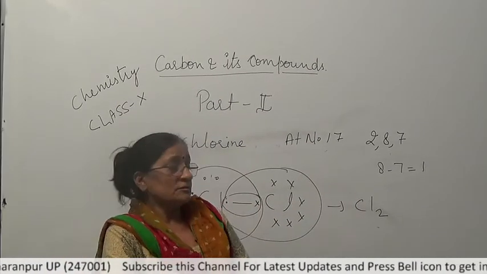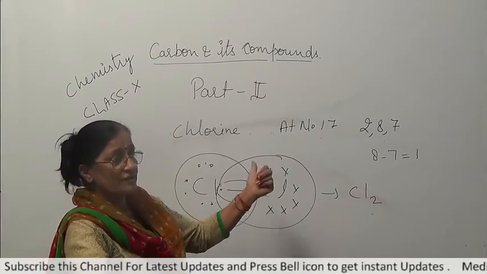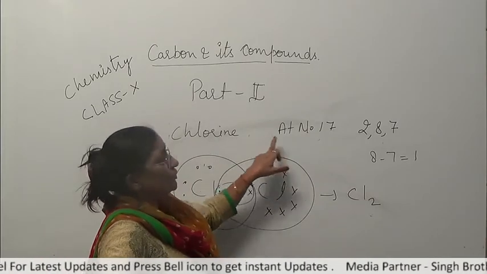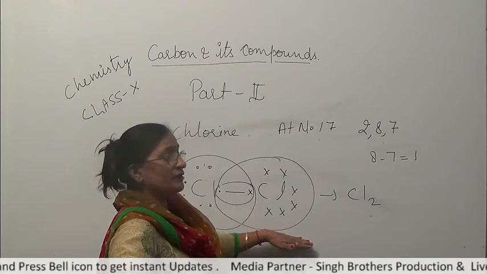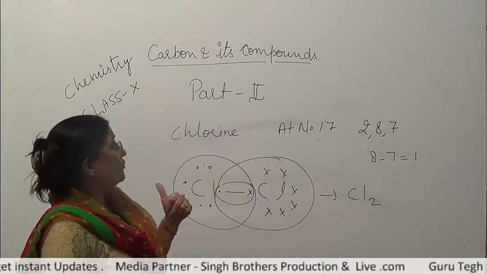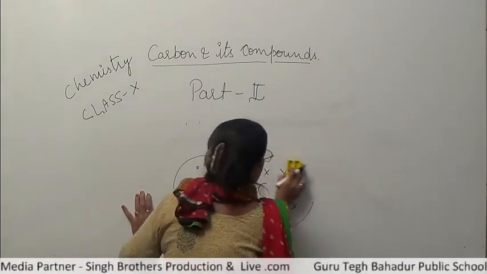Now the bond formed between hydrogen atoms is a single bond, and in the similar way the bond formed between chlorine atom and chlorine atom to form the chlorine molecule is also a single bond.